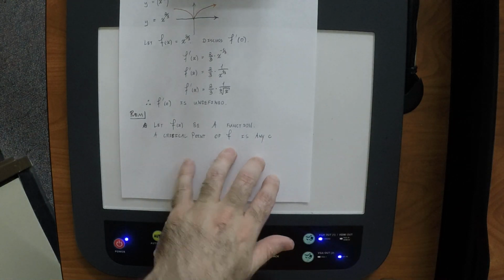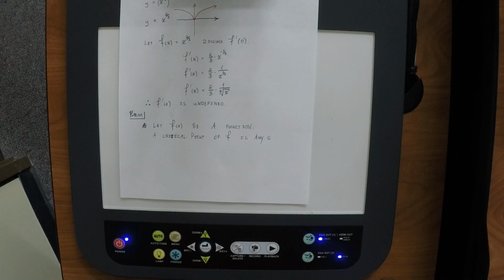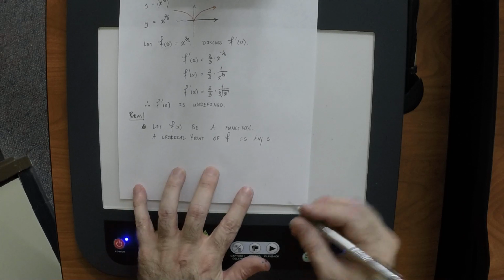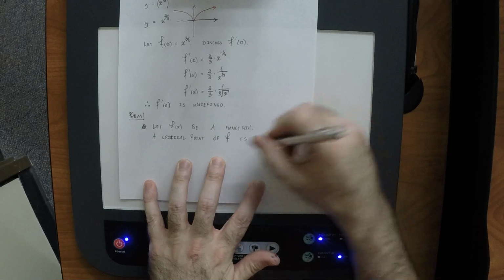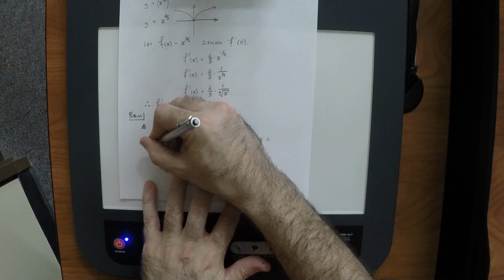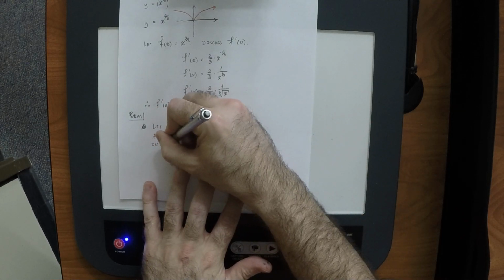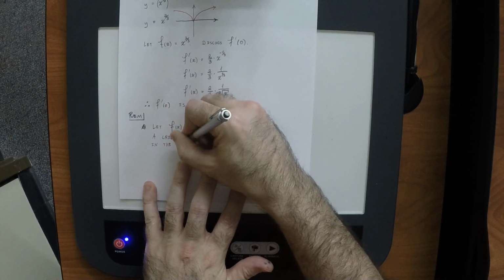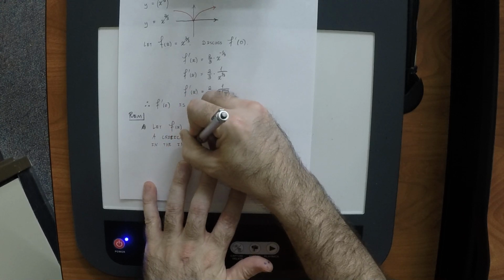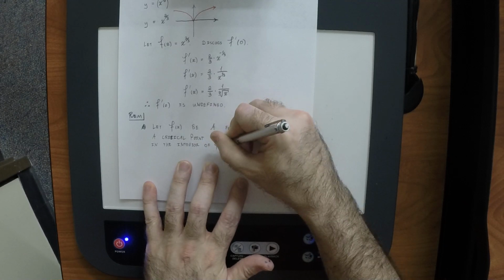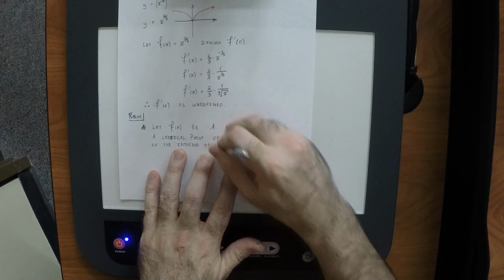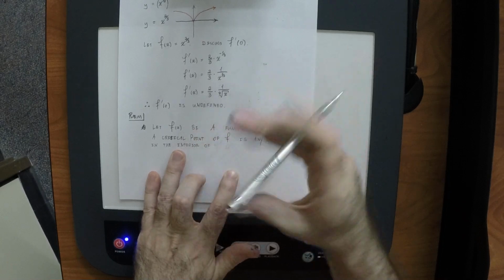Technically, to make this mathematically completely right, I have to say any c, and now I have to say something that's kind of weird, in the interior of the domain of f.